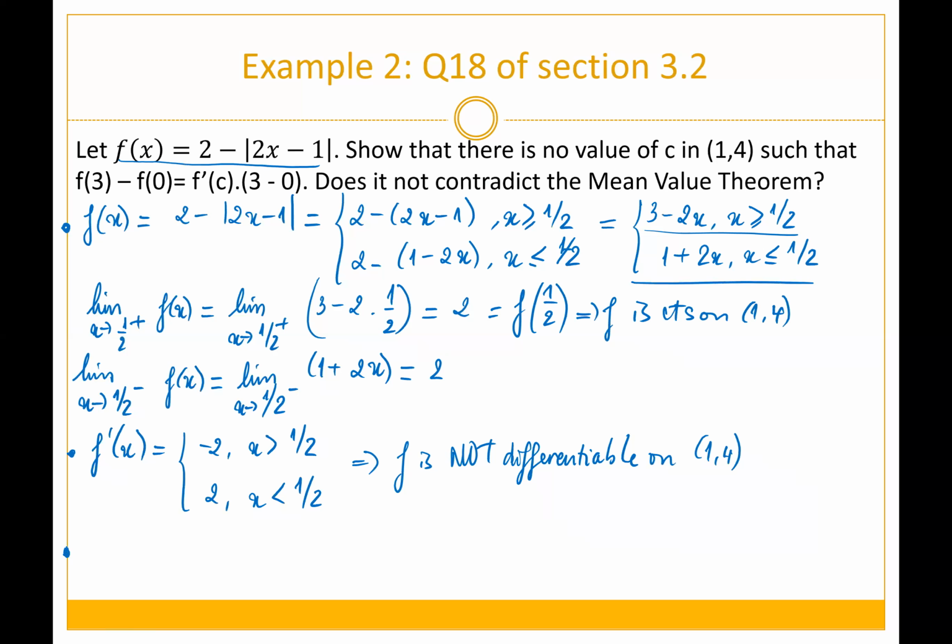Now, if you want to check back, show that there's no such value. So what you're gonna do is find f prime of c. Now let's look at what f(3) minus f(0) is.